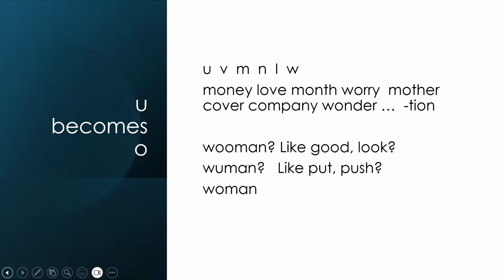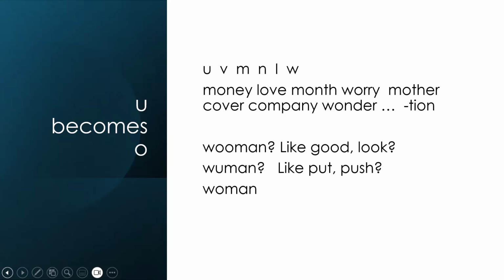The solution was to use O to make the sound in words like money, love, cometh, company, and so on, thus separating those problematical letters. Not all words with N, U, and M in sequence are like this. Number, for instance. So it is not a rule, but large numbers of common words have this pattern.